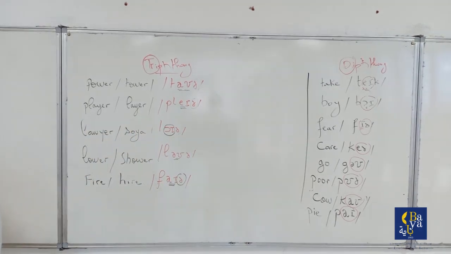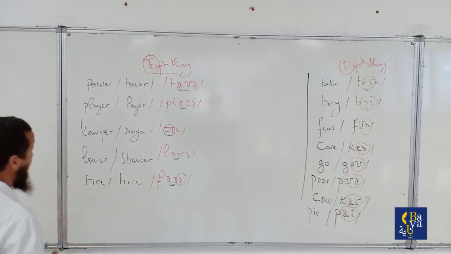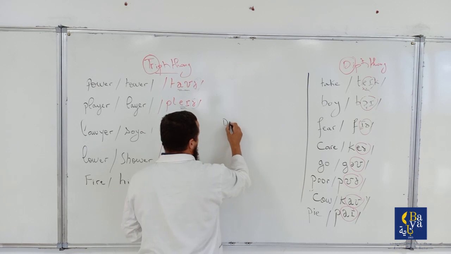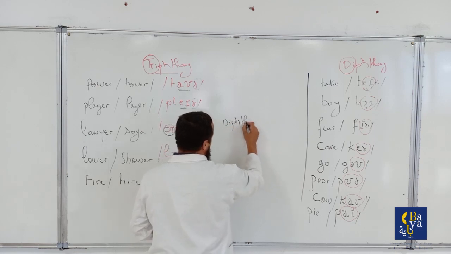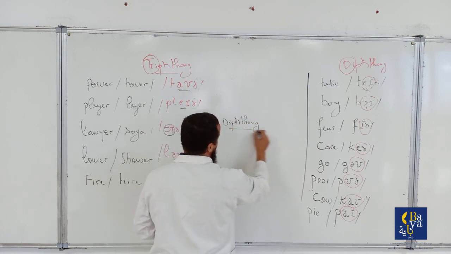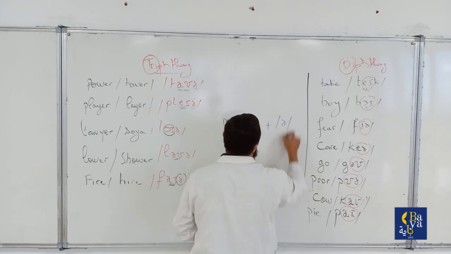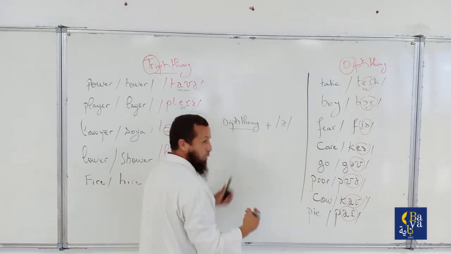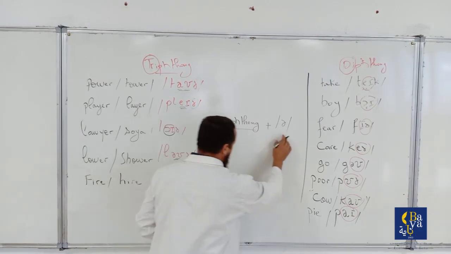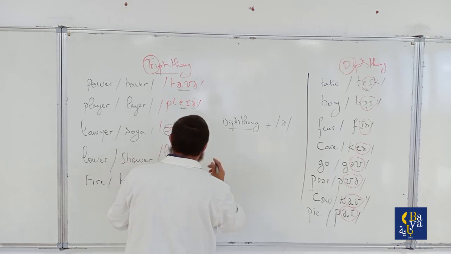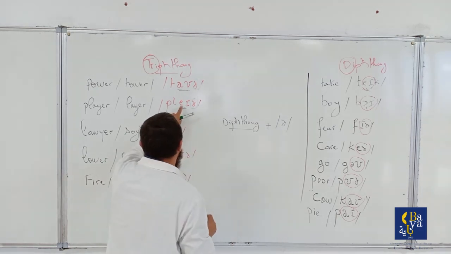So the triphthong is a diphthong plus, and we call it schwa. Okay, diphthong plus a schwa. Or a diphthong is 1, 2, 3.